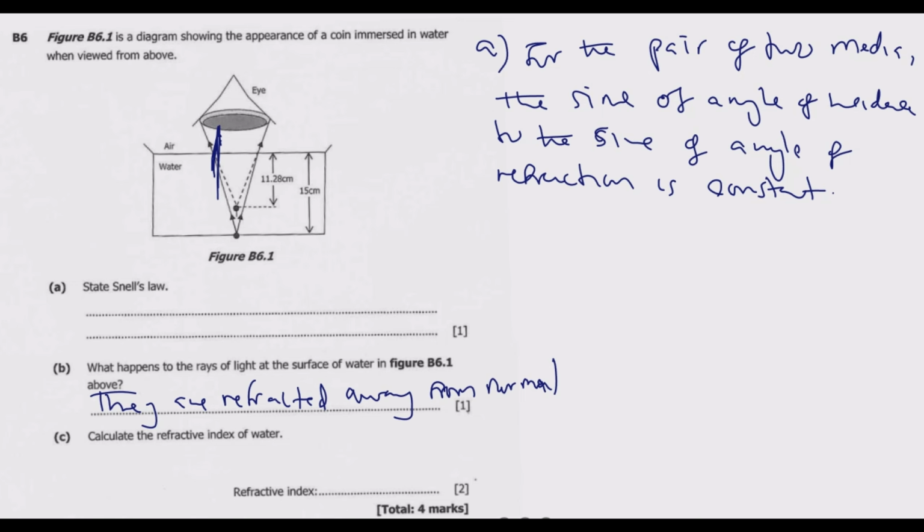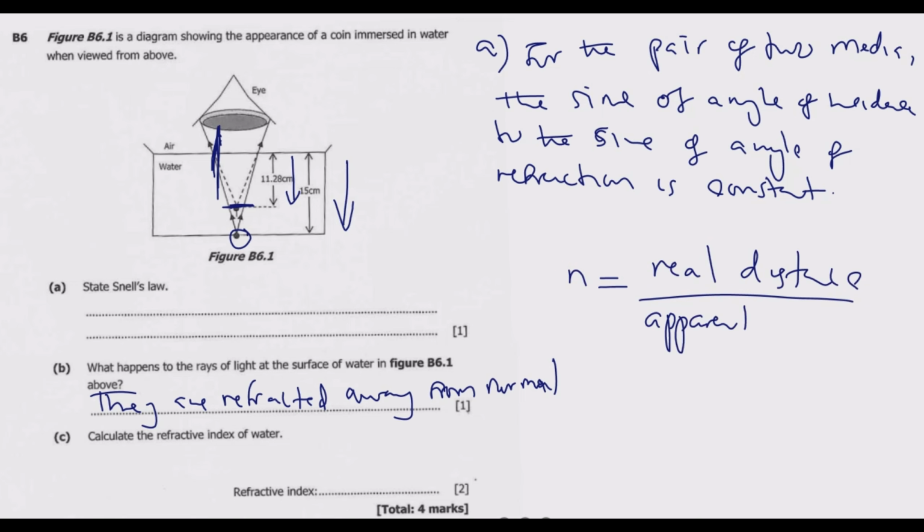Number C, calculate the refractive index of water. In this case, we are given the real distance and the apparent distance, because the coin is here but it appears as if it's in here because of refraction. So the refractive index is given by real distance divided by apparent distance.